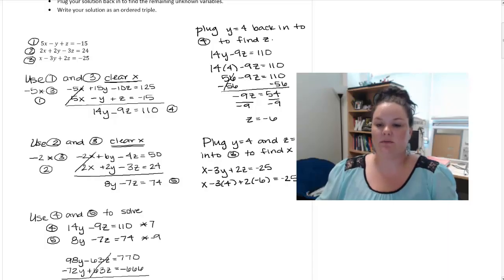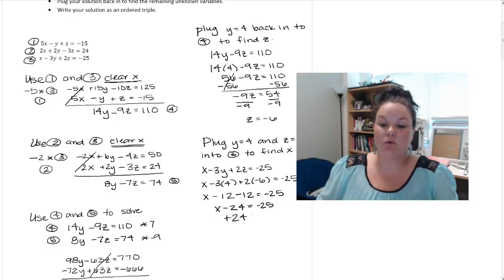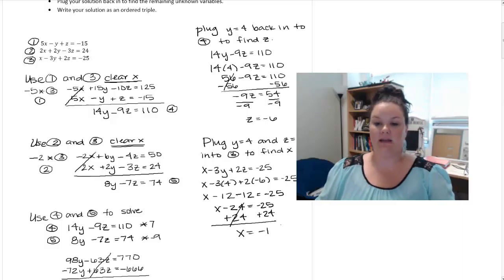So I should be able to simplify. So I end up with x minus 12, minus 12 is equal to negative 25. My 2 negative 12s combine to give me negative 24. And then I move that 24 over by adding, which means that x is equal to negative 1.